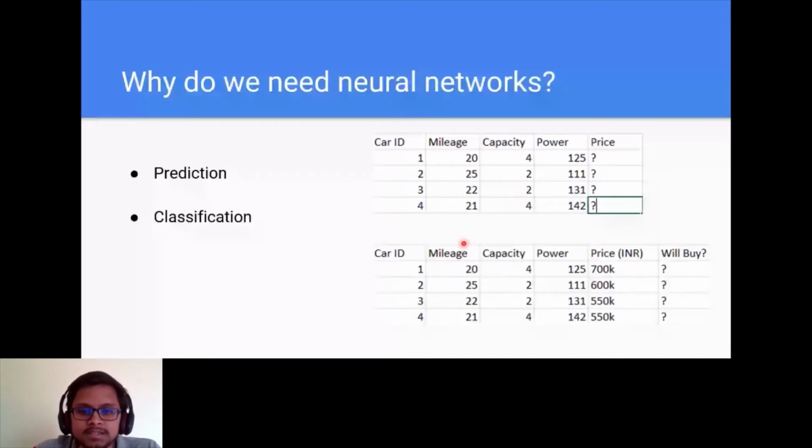But in such cases, for example, I have 20, 25, 22, these are the mileages that I have. But if a car pops up with something like 17 as its mileage or 23 as its mileage, and some new values in these places, then what our algorithm would end up doing is finding something closest. For example, I have 23, I'll go with this 22. And then whatever I had as the result over here, whether the person bought it or not, I can just provide it.